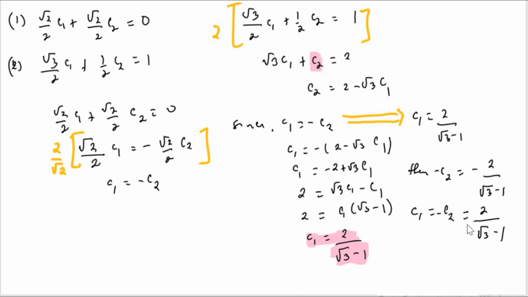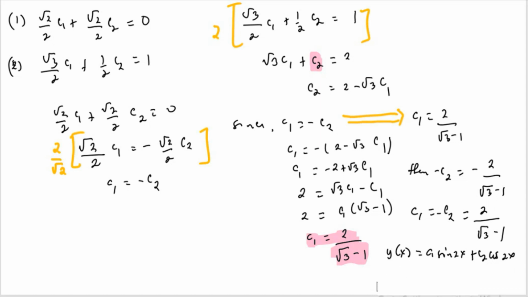So after that, we are going to substitute these values into y of x. I will write here the y of x. We have y of x is equal to c sub 1 of sine of 2x plus c sub 2 of cosine 2x.